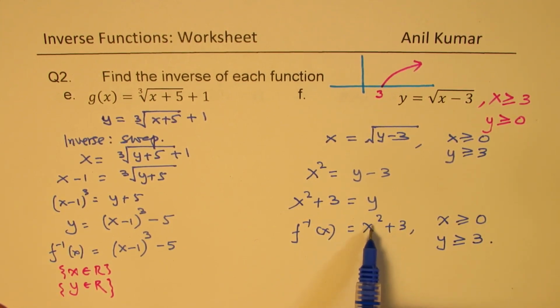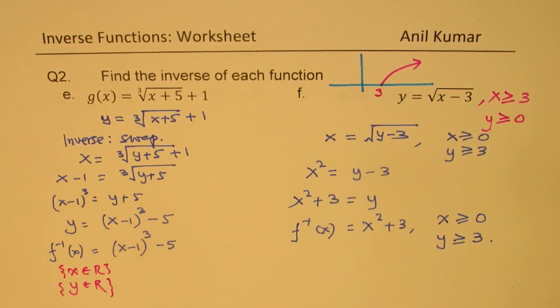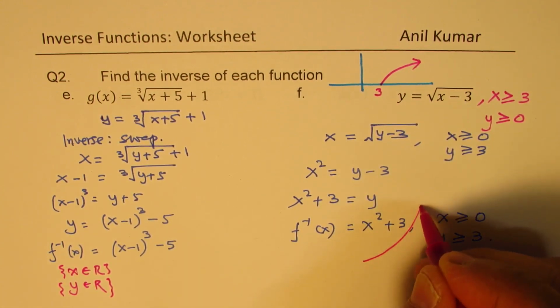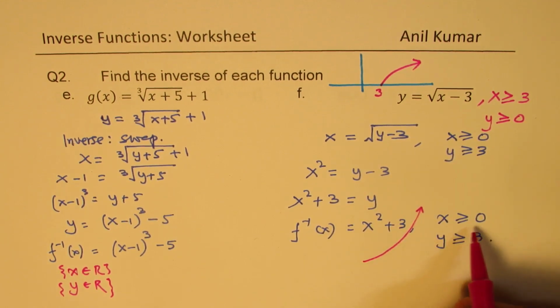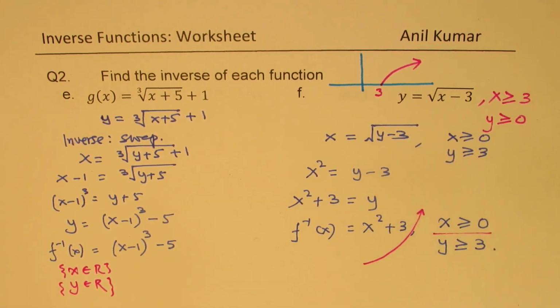Otherwise, the parabola will not be the inverse of this function. Only one arm of the parabola is the inverse, right? So we're talking only of the arm on the right side of x equals 0. You understand? Not both the parts, right? So x greater than or equal to 0 is very important to specify.